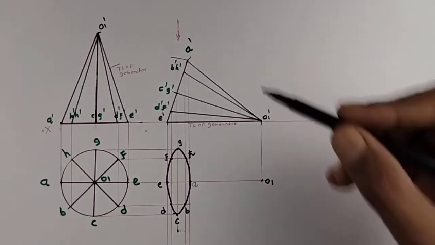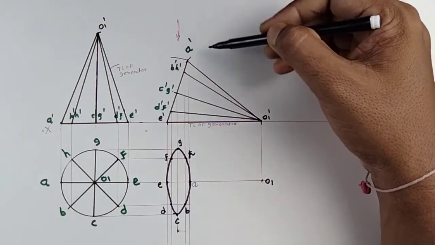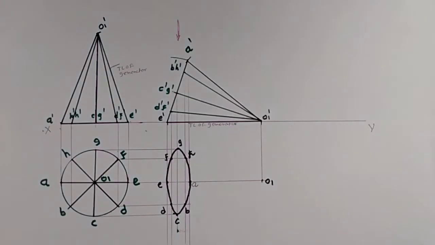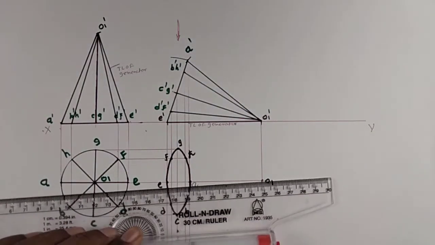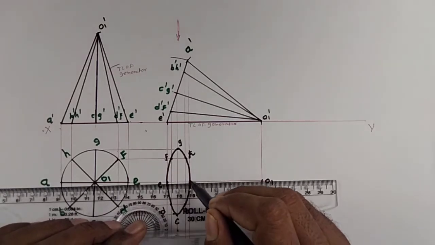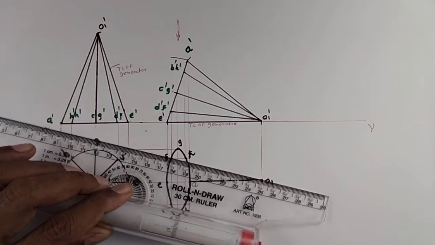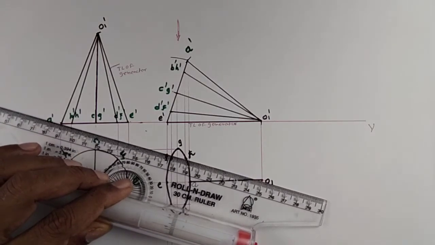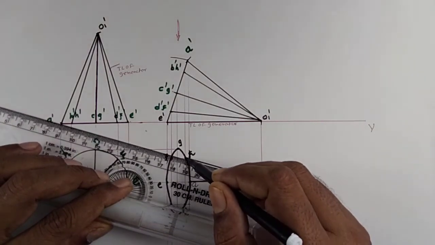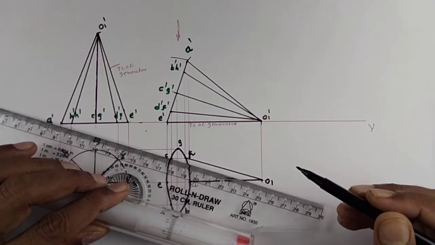Now from the top view orientation, the A O1 generators are visible, so I can draw the dark line. Then H O1 and G O1.